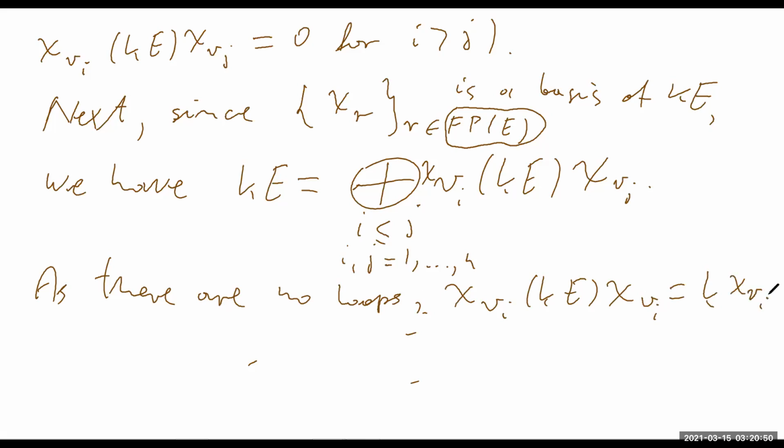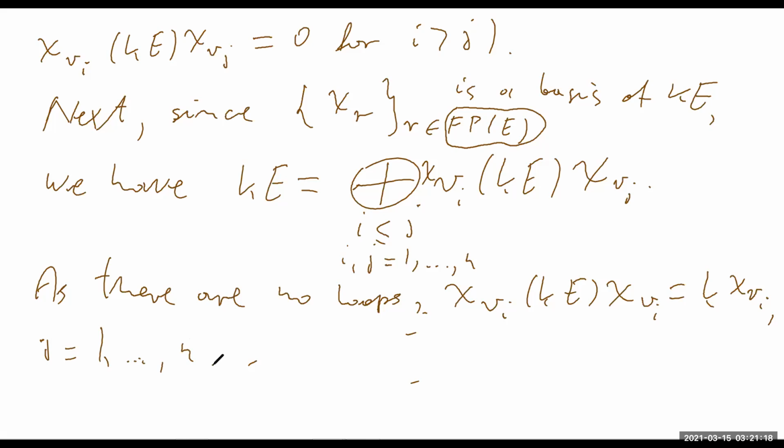Right, because here the only positive length paths that could survive would be the loops based at vi, but loops are not allowed. So the only path starting at vi and ending at vi is the vertex vi itself, okay? And of course, i runs from 1 to n.